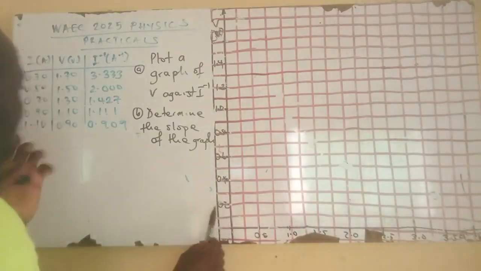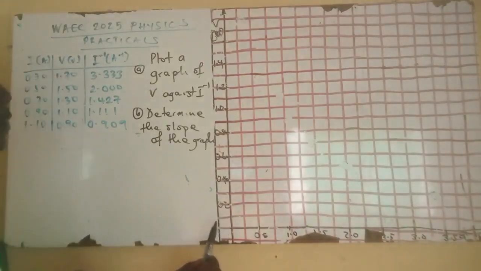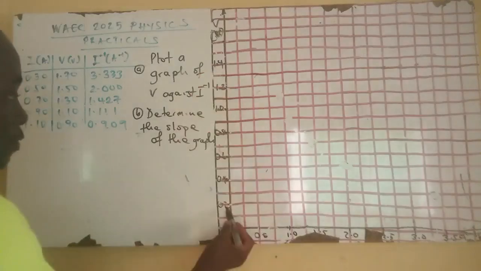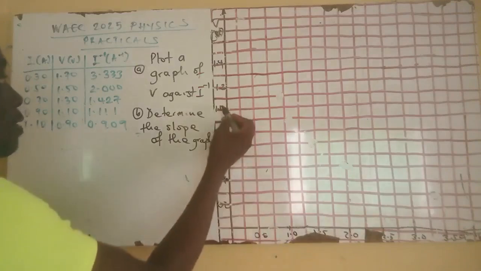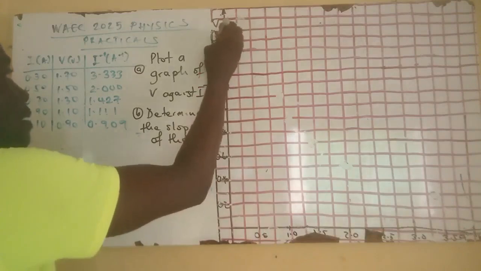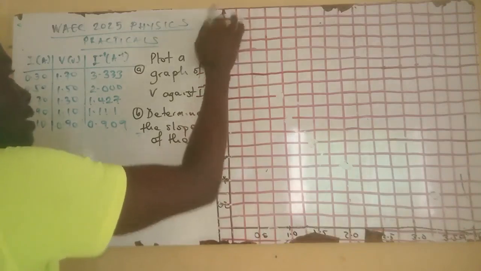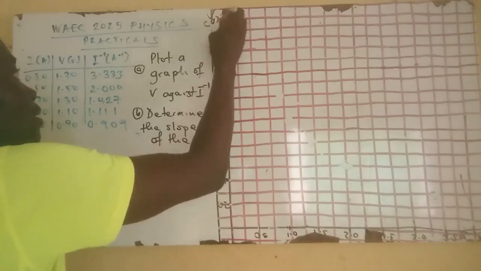The lowest is 0.9 and the highest is 1.7. Now what do we do next? We are going to make our scale 0.2, 0.4, 0.6, 0.8, 1.0, 1.2, 1.4, 1.6, then 1.8. Let's shift this one upward. This place will be what?